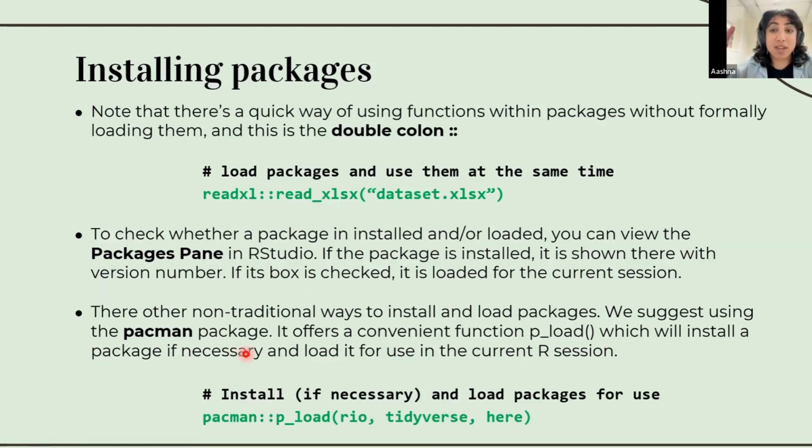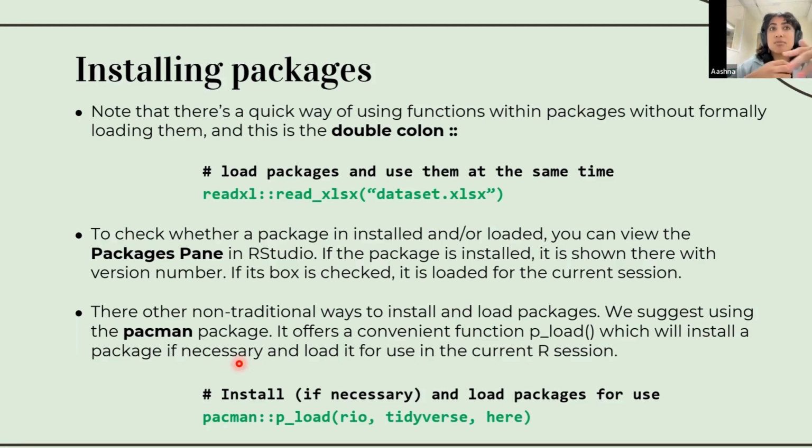There are other ways, and we're telling you this now just in case folks access other resources, so you don't get confused, there are other ways to install packages. The way we saw in the previous slide is you install it once with install.packages, and then you load it with library. There's also a quick way of using functions within packages without having to load them.